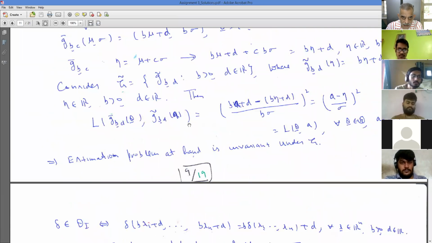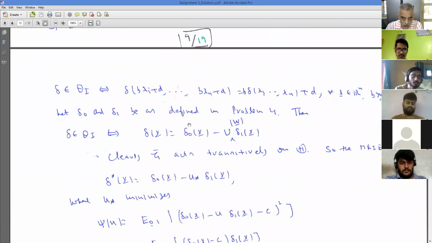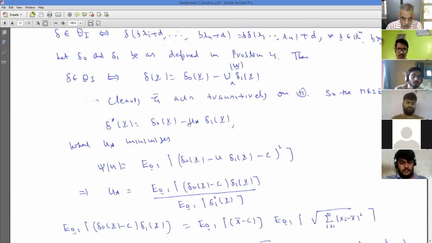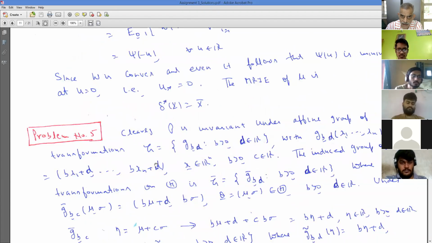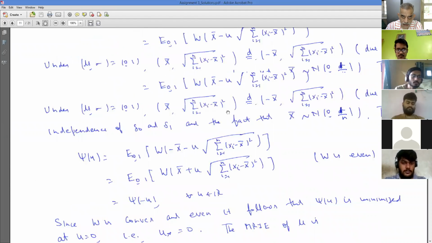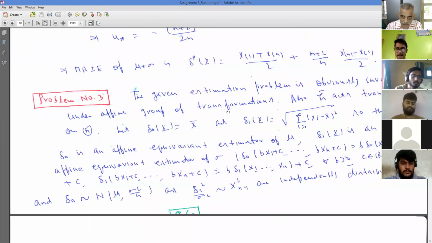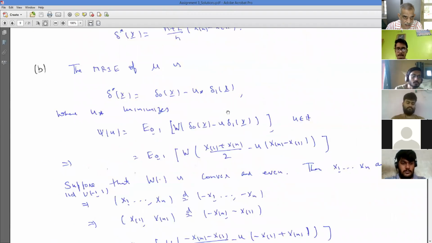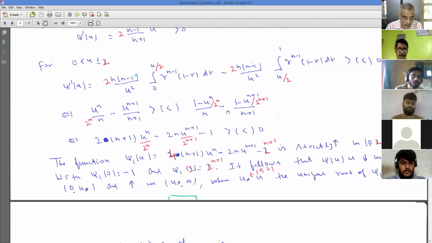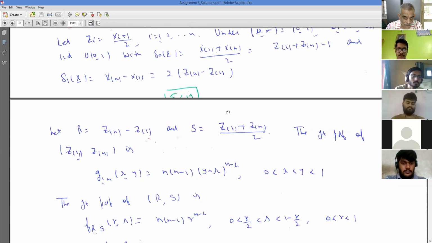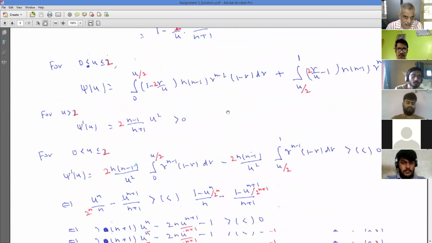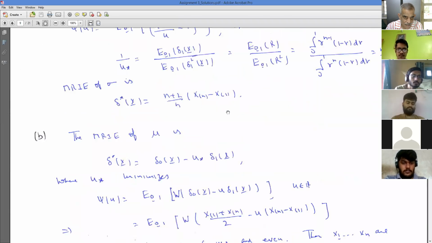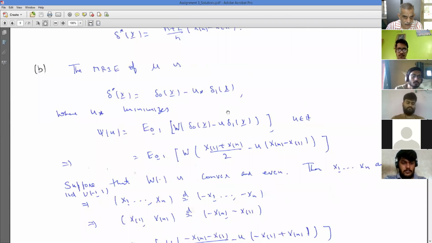Let me see. What are you trying to estimate here? Sir, mu. Estimation of mu. I think I have messed up the numbering possibly. Let me check. This is exponential, that is okay. This is the second part, possibly mu plus sigma.